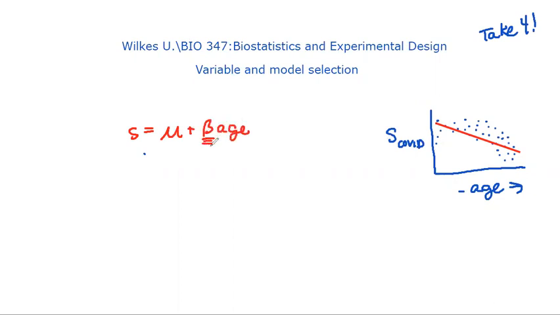And this is the slope, this beta, okay, plus error, okay? So survivorship, there's gonna be some mean survivorship across the whole thing, and then our effect of age, okay? And we know that is a negative, right? We suspect it's negative.